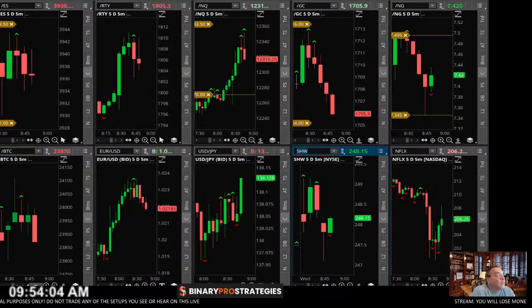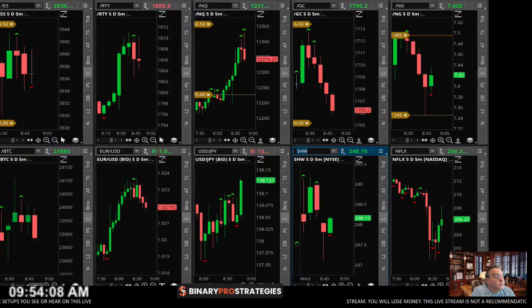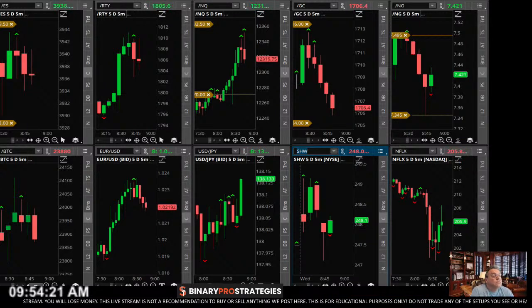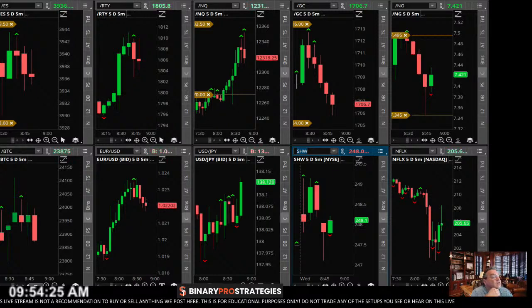Reverse sell. All right, still long NQ, still short ES. ES has been short for a while.